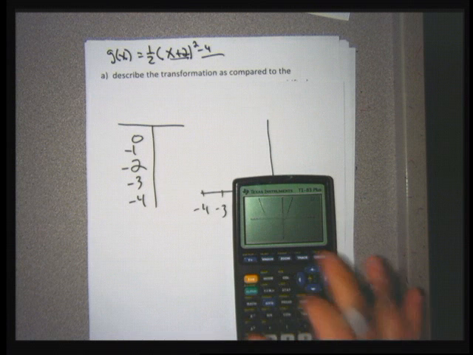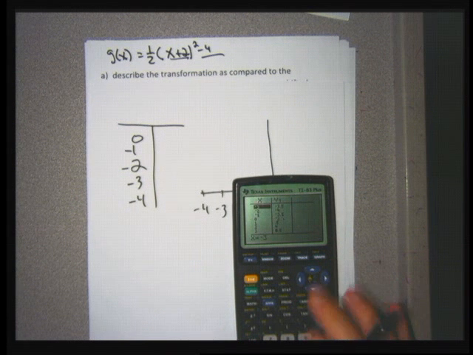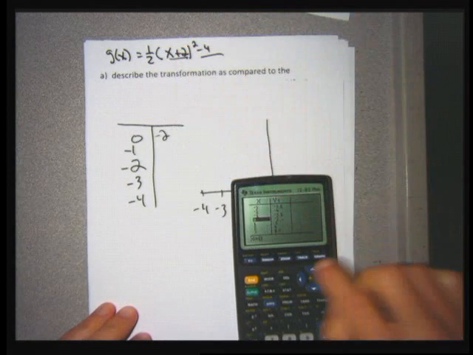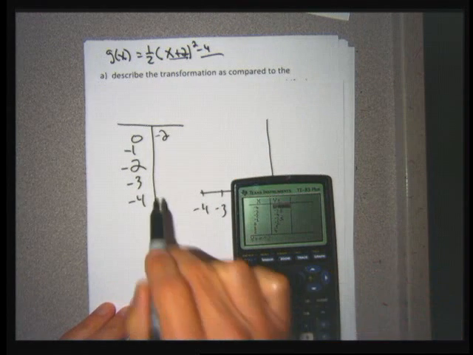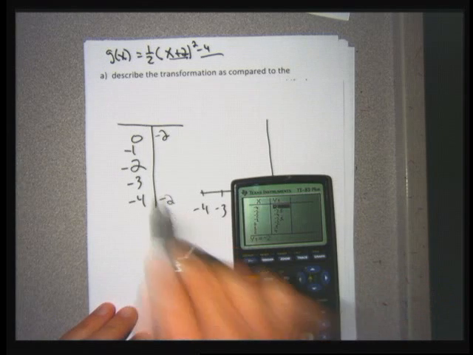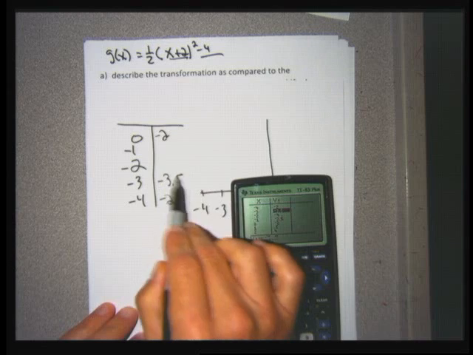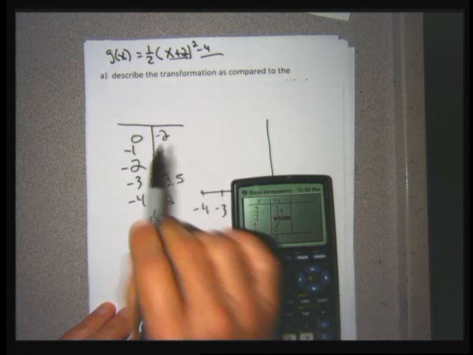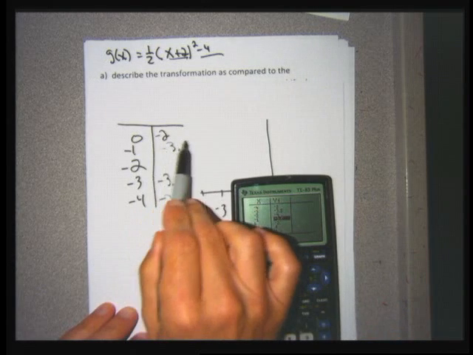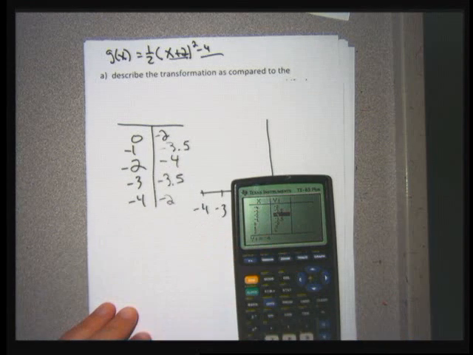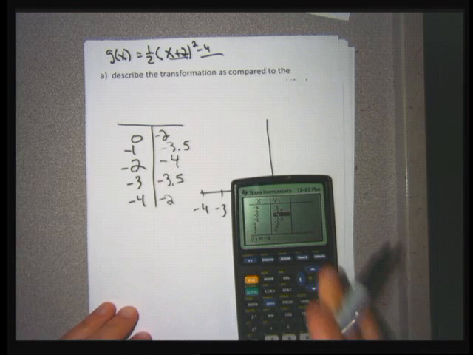Cheat, second table, find my values. At 0, I'm at -2, and at -4, I'm also at -2. At -3, I'm at -3.5, and at -1, I'm also at -3.5, and at -2, I'm at -4. So I took all the y's from my table just to speed up the process.